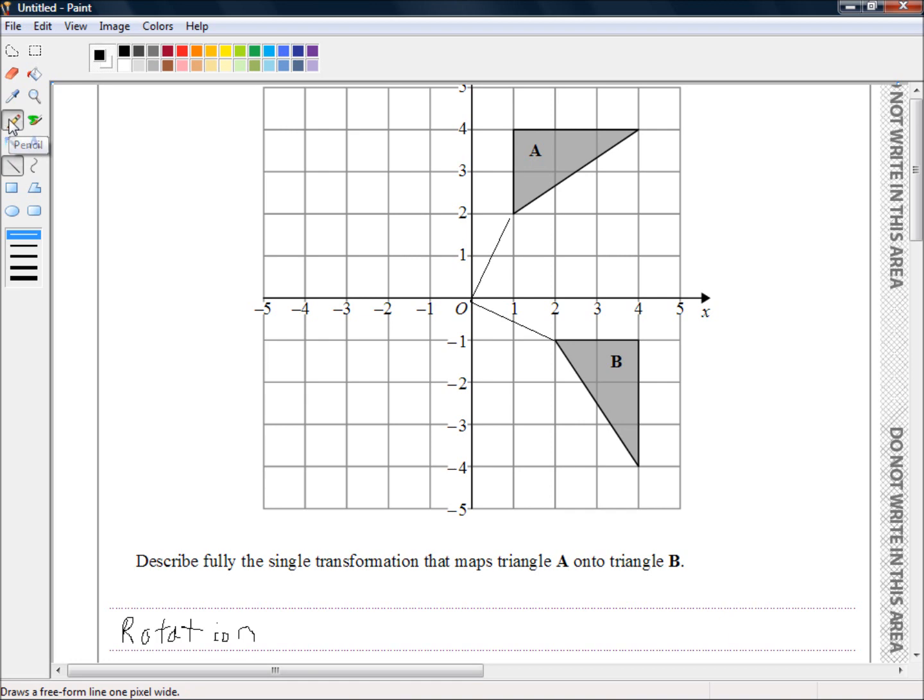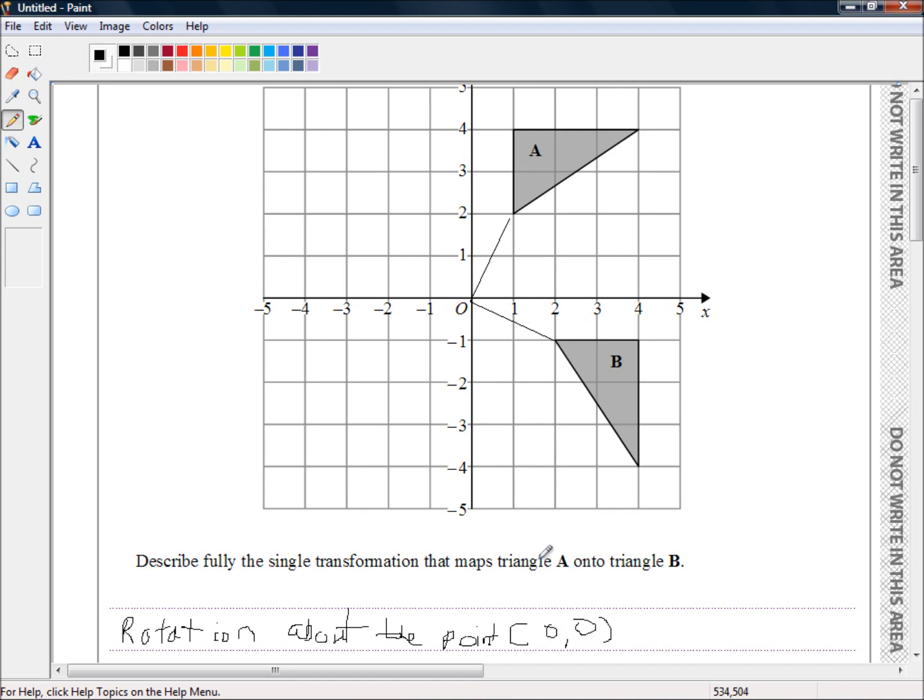So this is a rotation about, I'm not going to say the origin, I'm going to say about the point 0, 0.